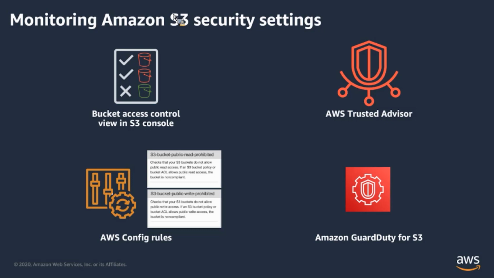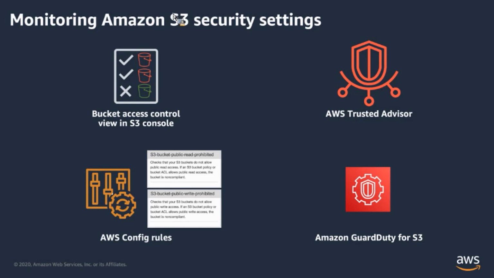They include checks for public read or write access, checks to verify that versioning, logging, replication, or encryption are enabled, and a check to make sure that your buckets are configured to only allow HTTPS TLS connections. AWS Config is a powerful tool for your organization, but unlike the previous two checks, the use of AWS Config is not free. There's a small cost.